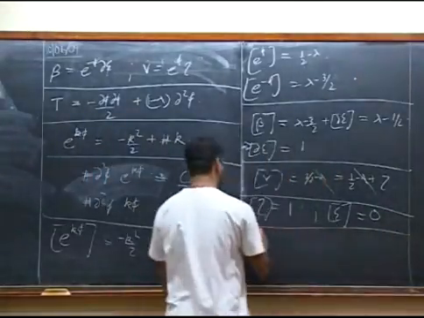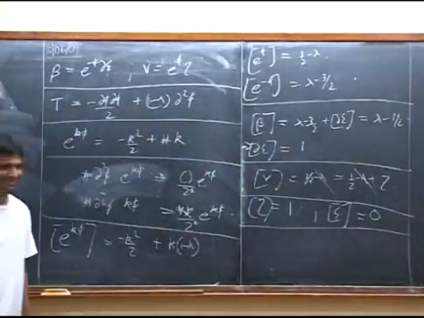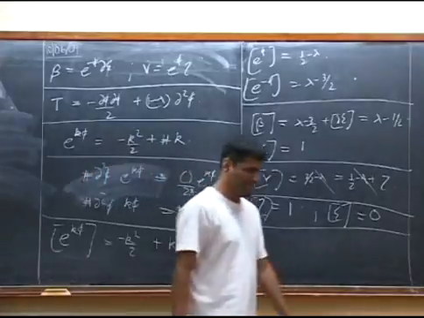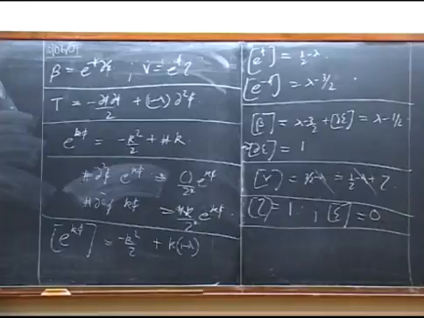Okay? So this is the BC system with lambda equals 1. Okay, because the BC system has weights lambda and 1 minus lambda.